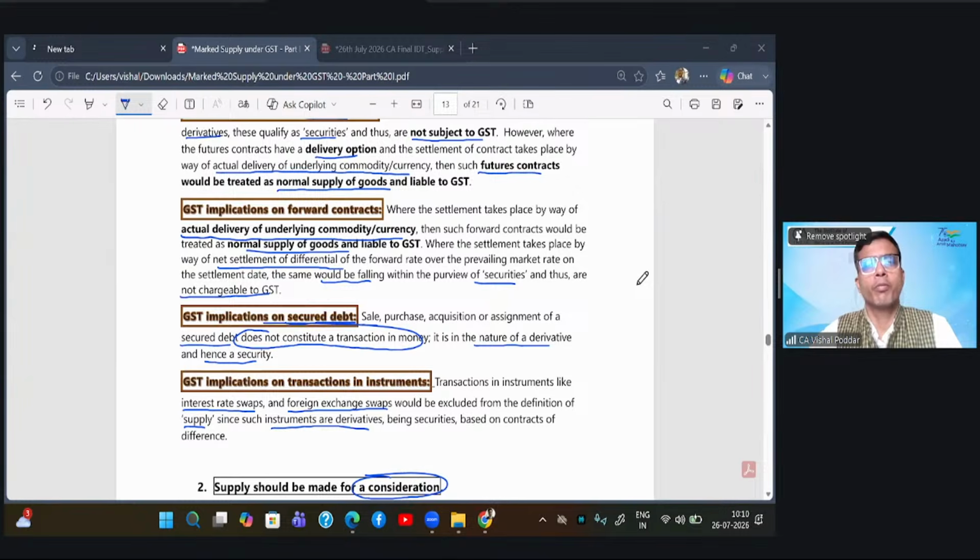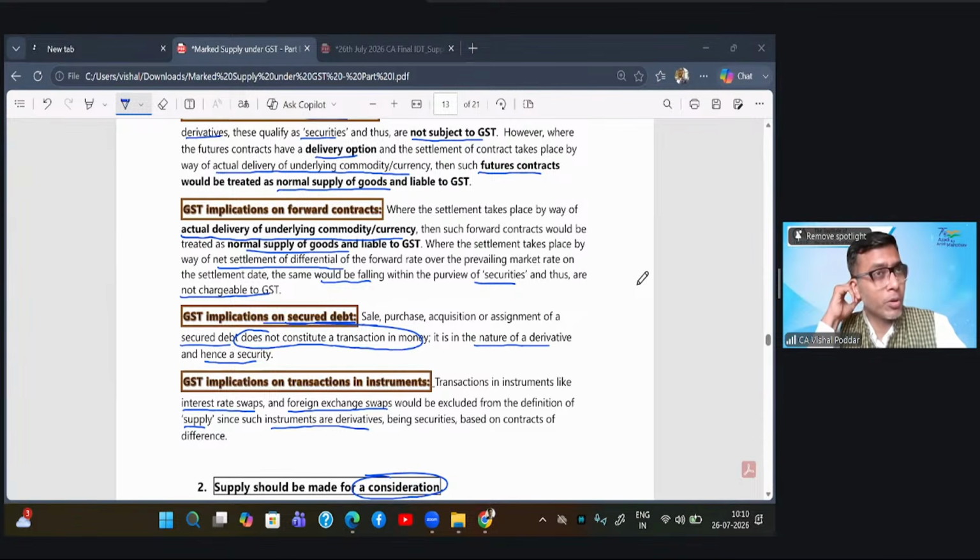So the net effect of both these, the definition of goods and Schedule 3, is that only specified actionable claims become taxable. Okay, sir.